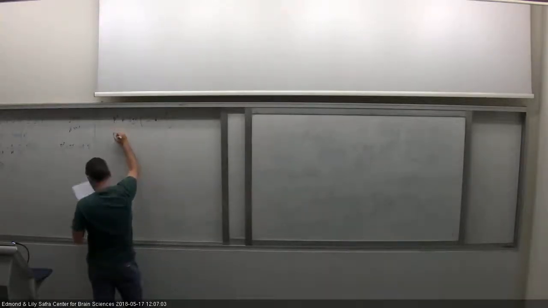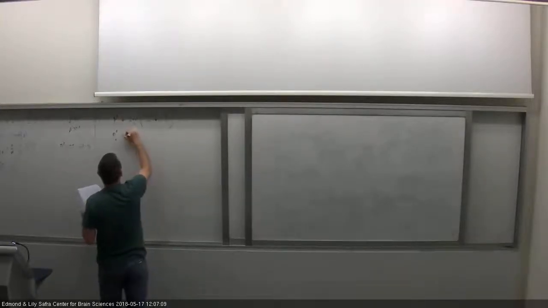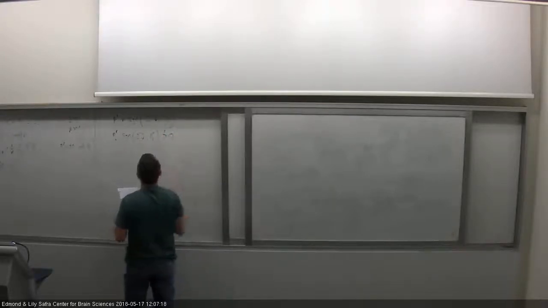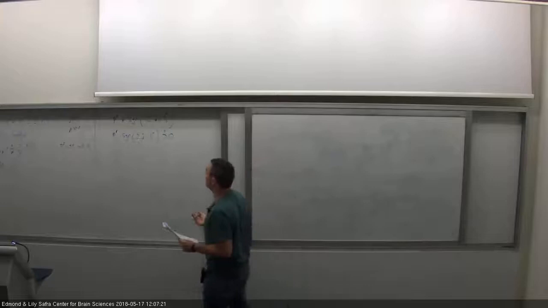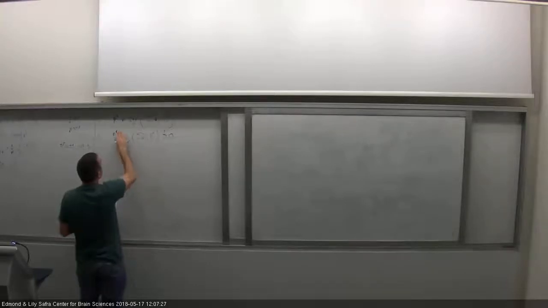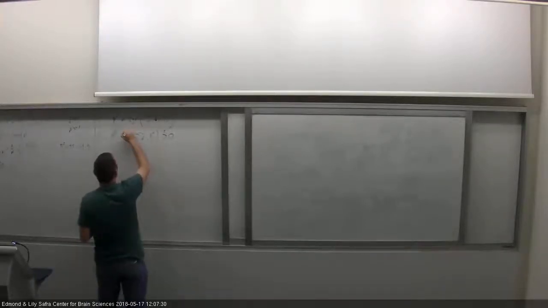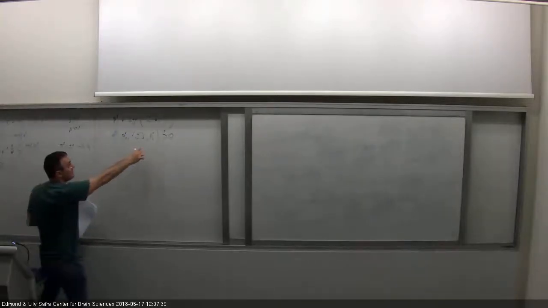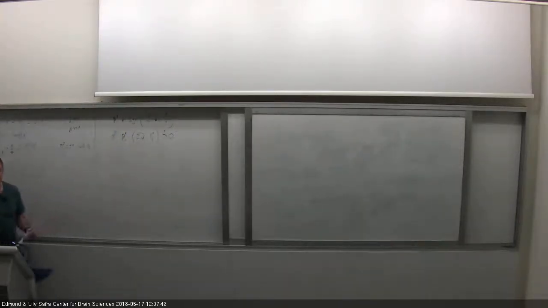Or the question is, what would be the sign of Pi1 times the sign of the sum over j of Jij Pj1? And the question is, is it positive? Is it larger than 0? Or if we're just interested in this question, then we can replace it by the question of whether Pi1 times the input to the neuron, given that all other neurons in the network are in memory pattern 1, is a positive number?